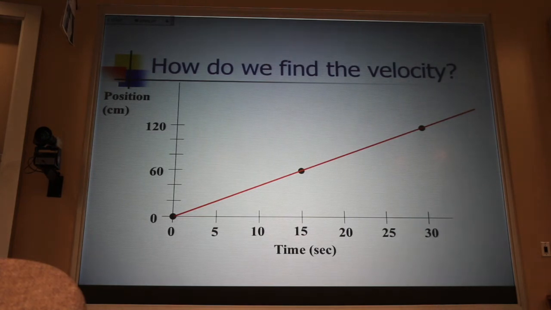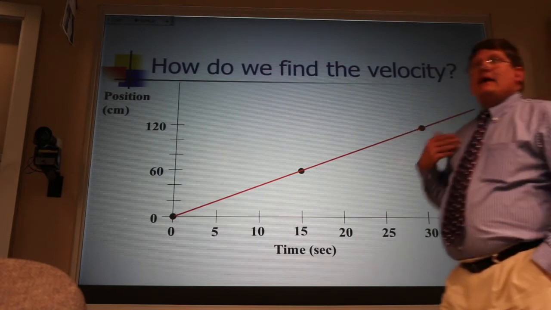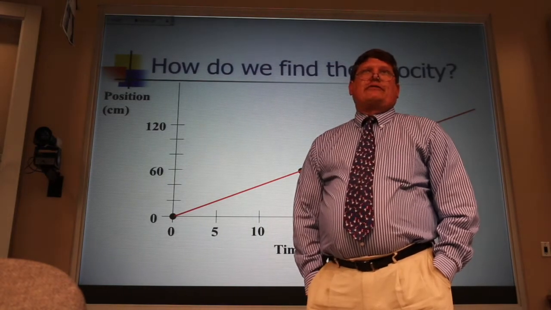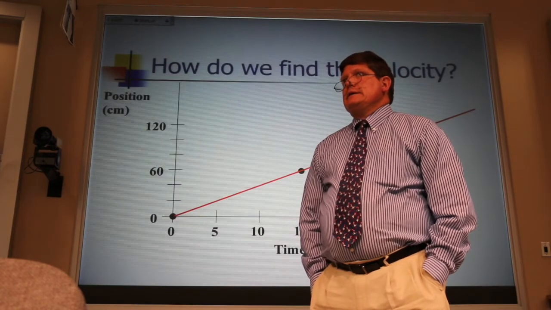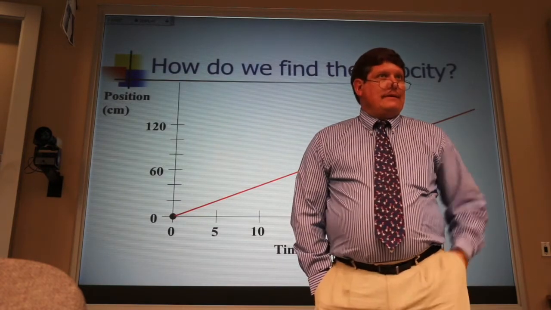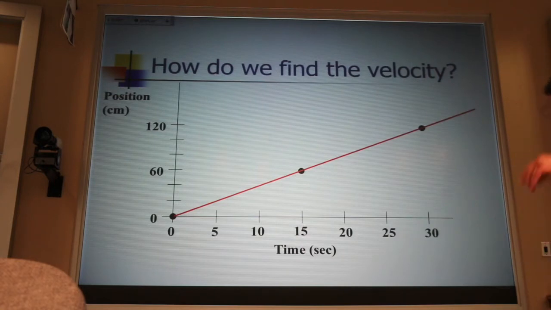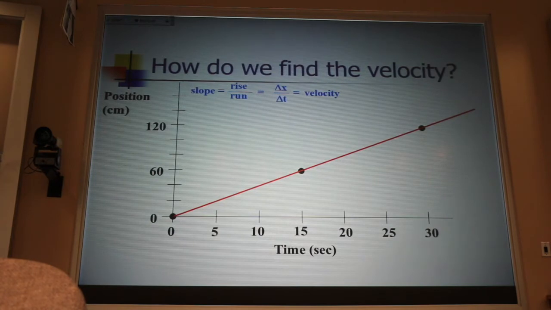What if I just give you that plot and I ask you, what's the velocity of the truck? How would you get it from that plot? The slope of the line. Yeah, you just take the slope of the line, which is just the rise over the run. Now, in order to take the slope, you have to have two data points.